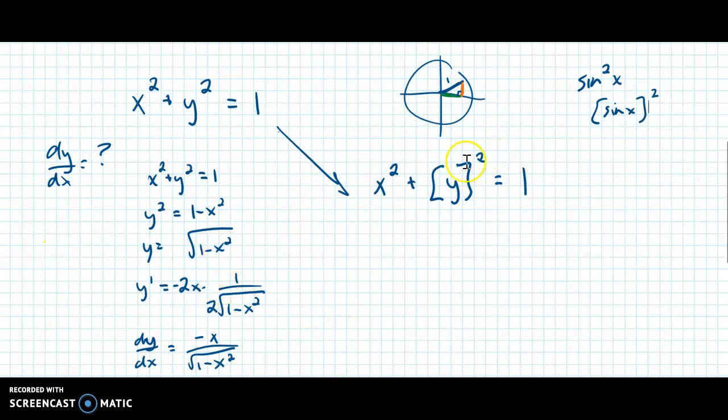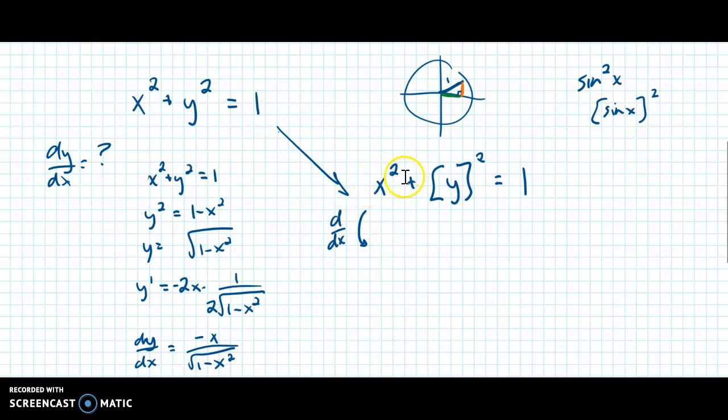I'm going to write d over dx. Remember, d over dx is like a verb. It means take the derivative with respect to x. If I did d over dt, it would mean take the derivative with respect to t, probably time.